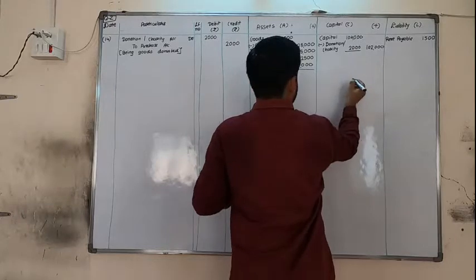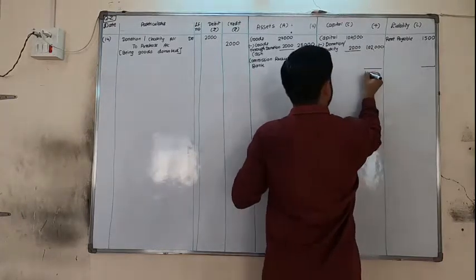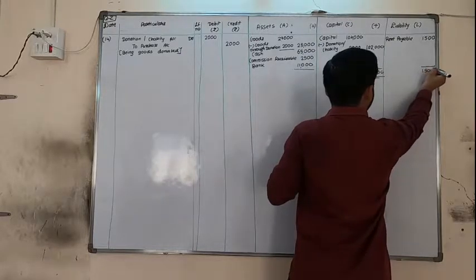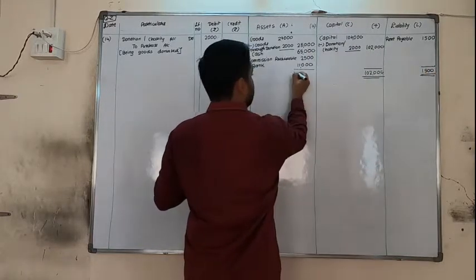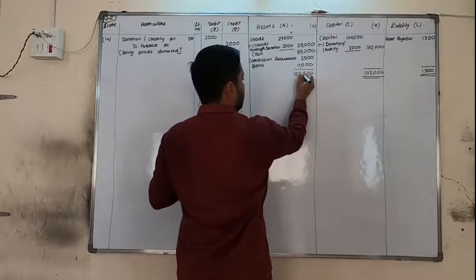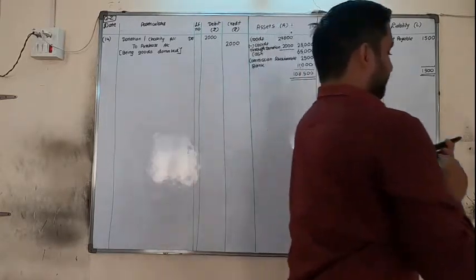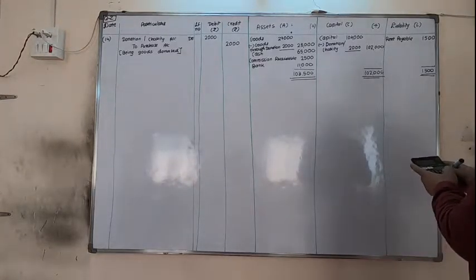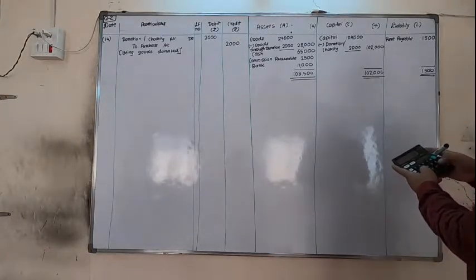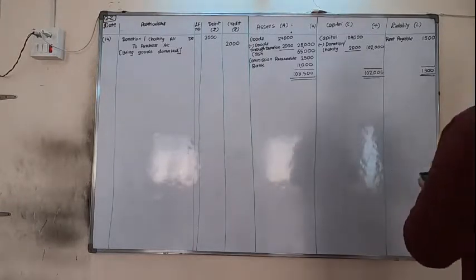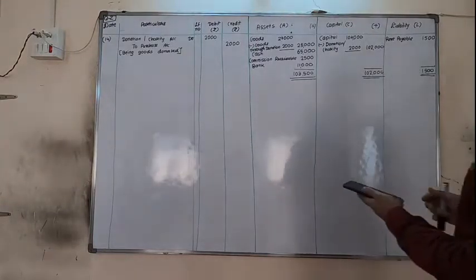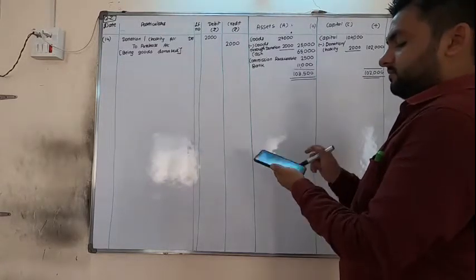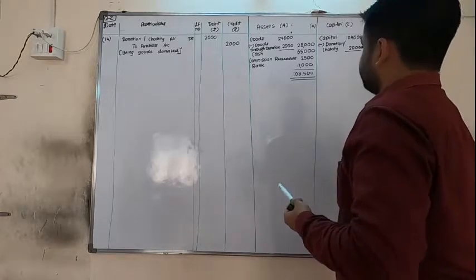Now let's take the total. Here it would be 1,02,000. Here it would be 1,500. So here it should be 1,03,500. Now let's check, is it 1,03,500? 25,000, 65,000, 2,500, 11,000. It's 1,03,500. Is correct. Okay, so these things are over from the previous one. So now we are drawing a line.